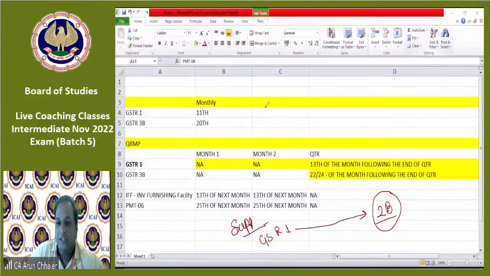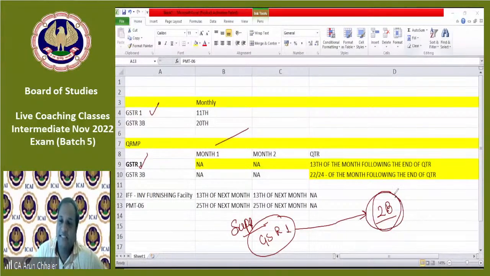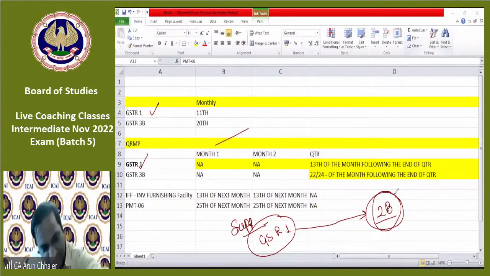The new condition in 16(2)(a) talks about the supplier filing the GSTR 1, and the same has to be communicated through GSTR 2B.